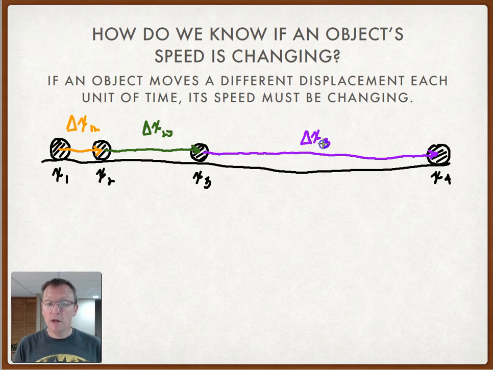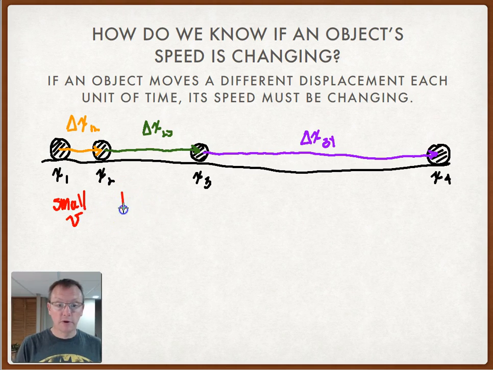So you can already start to compare the displacements. Obviously, the displacement for 1, 2 is smaller than the displacement for 2, 3, and 2, 3 is smaller than the displacement for 3, 4. What does that imply about their speeds? Well, hopefully you see that this has a very small speed here.